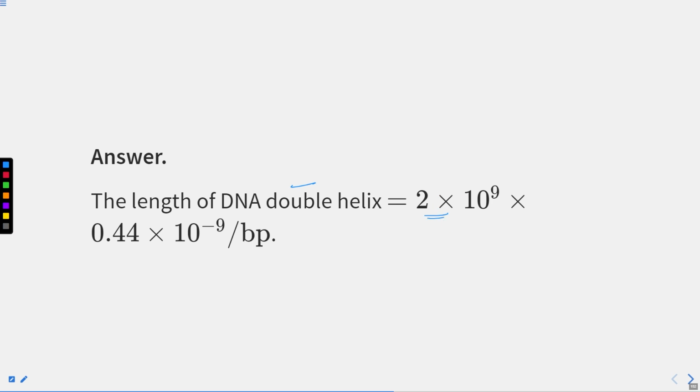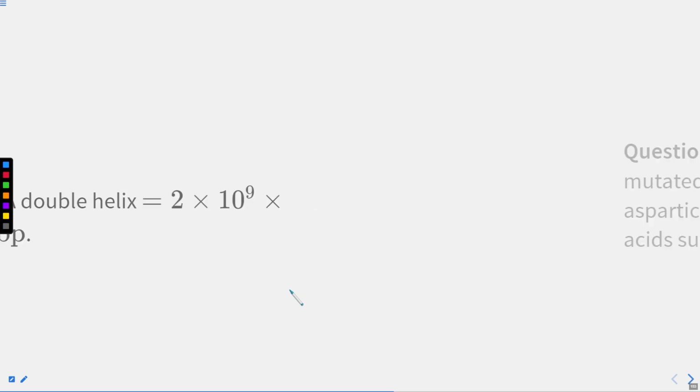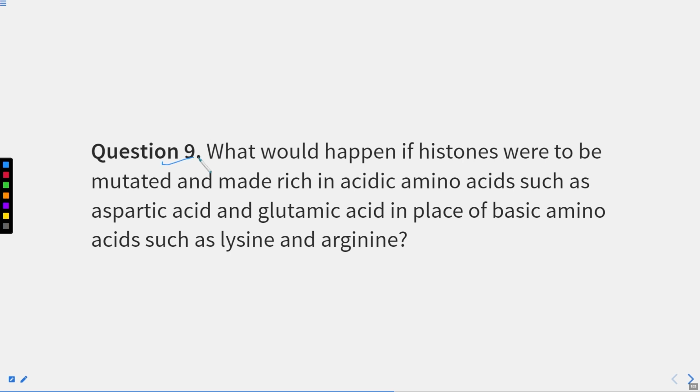We have this much amount of base pairs, and the distance between the consecutive base pairs is 0.44 nanometer, which means 0.44 into 10 raised to the minus 9 meter. This is what is written here. So you can calculate and write the answer here, which will be around 0.88.